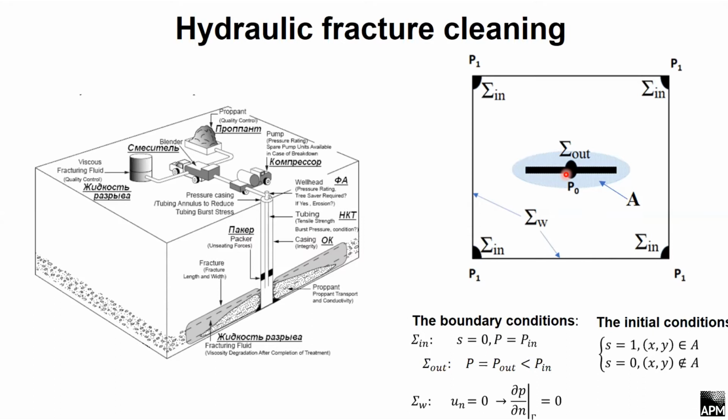It is assumed that part of the fracturing fluid has leaked into the surrounding rock. Here it is assumed that the region impregnated with the hydraulic fracturing fluid is elliptical. Here it's the region A. The outer walls are considered to be impermeable. The viscosity of the fracturing fluid is greater than the viscosity of the oil, so the process is unstable.